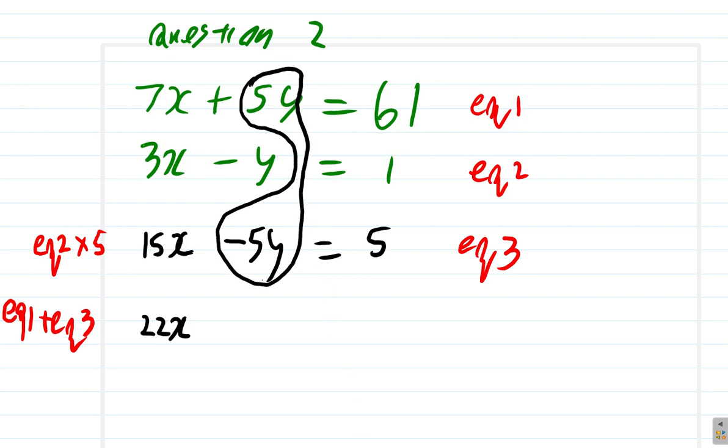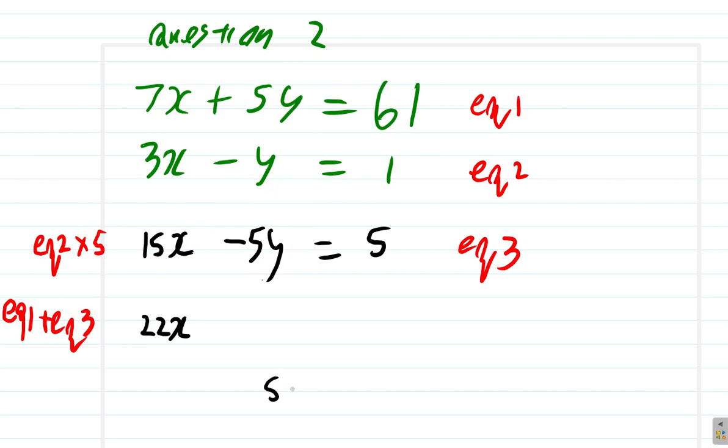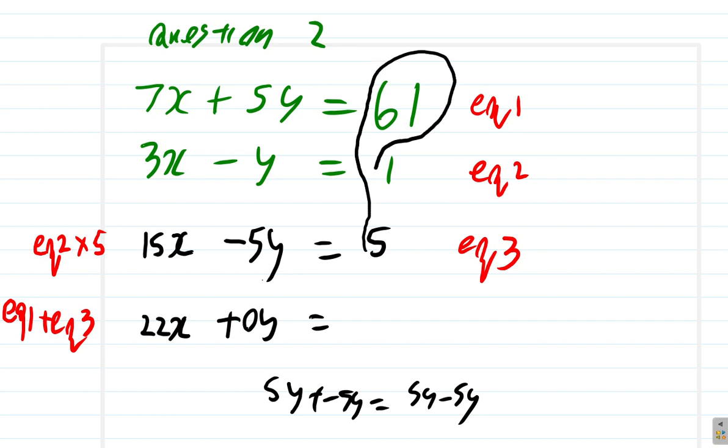We add the y parts now. 5y plus negative 5y is the same as 5y minus 5y. See that? Which is 0y. So we have plus 0y equals, then the numbers part, the 5 plus 61. That part we're going to add now. 61 and 5 gives you 66.